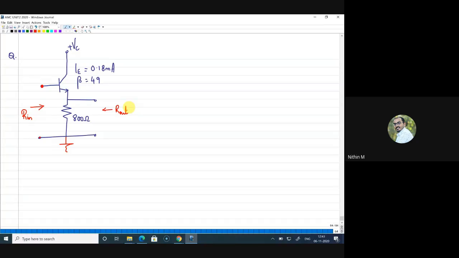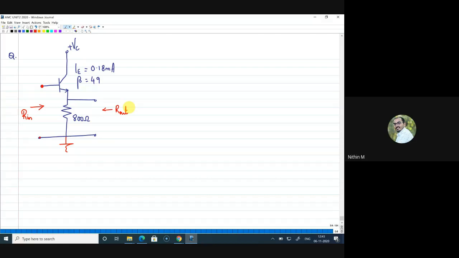Krishna Pratik, can you help me out in solving this numerical? Rin is between base and ground, and Rout is between emitter and ground.